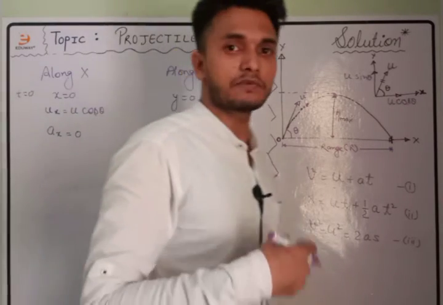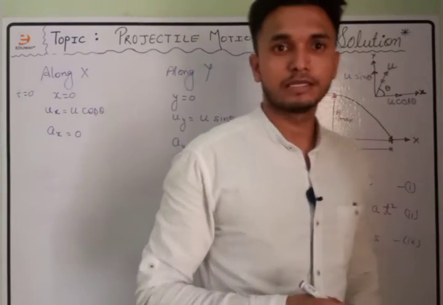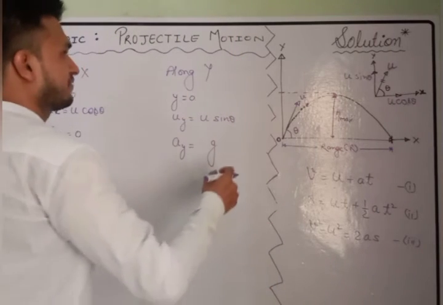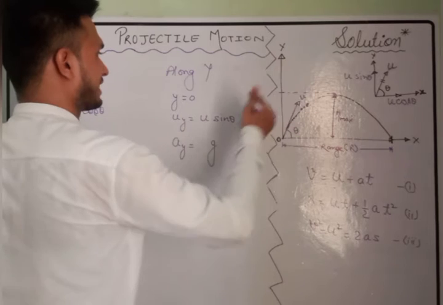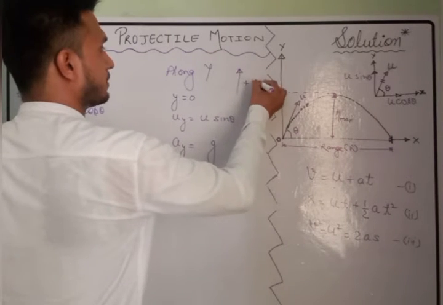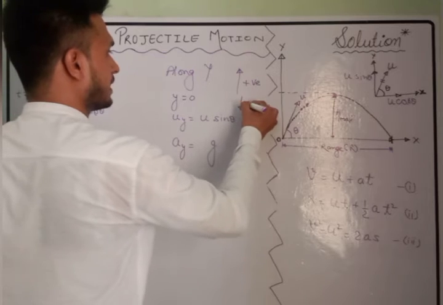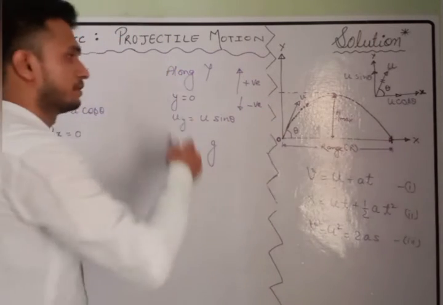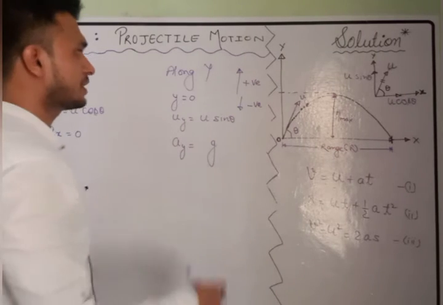Since these equations involve vectors, it is necessary for us to determine a definite Cartesian sign convention. Along y we will take the values as positive and opposite to y as negative. Similarly, along x is positive and opposite to x is negative.